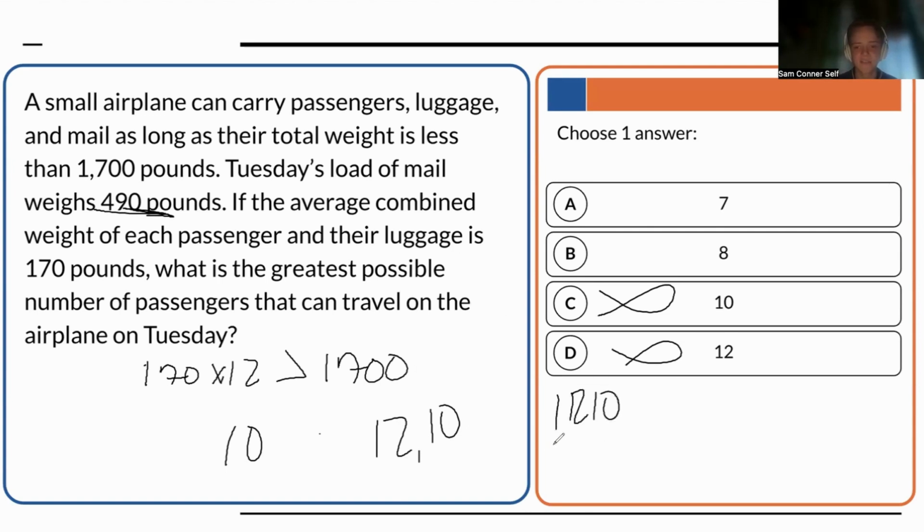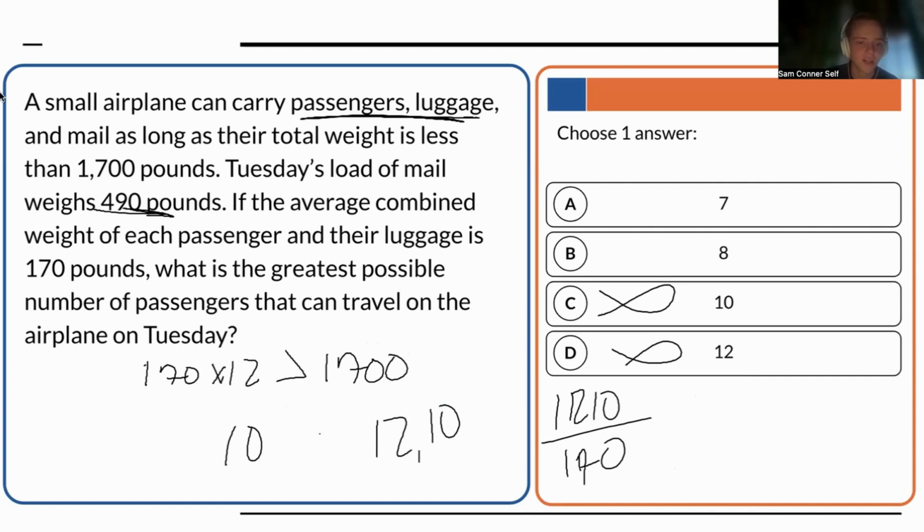And then you're going to divide that by 170 pounds because that's the combined weight of the passengers and the luggage on this trip. And then that's not going to give you an even number. So instead of rounding up, you're going to round down because it can be up to or equal to 1,700, but it can't go over 1,700.